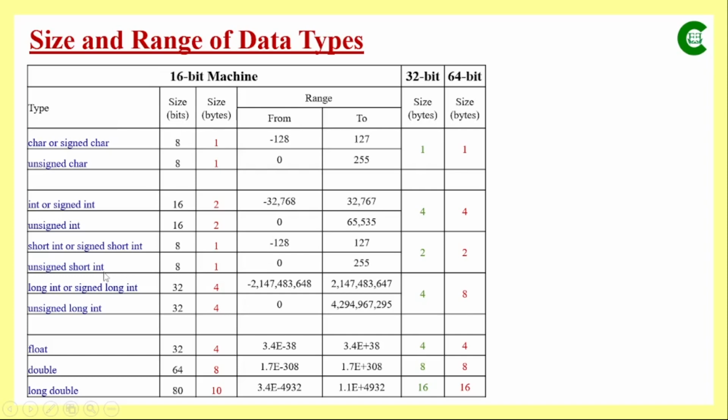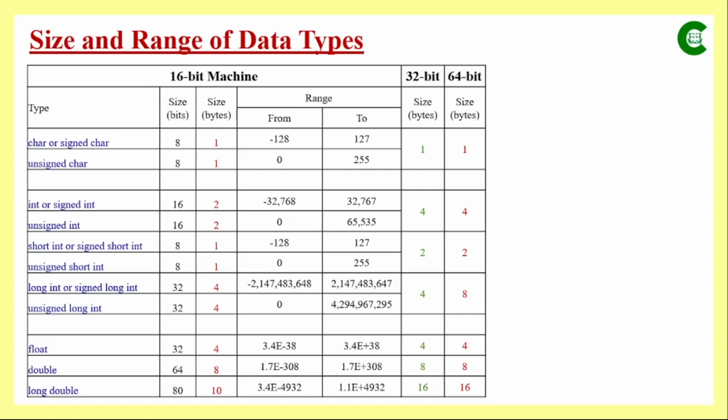Now again, if it is short int but we want to process signed integer data, then in that case sign plays an important role and 1 bit will be reserved for sign. In that case, from 8, the total number of bits reserved for storing the values will be 7, and 2 raised to the power 7 is 128.